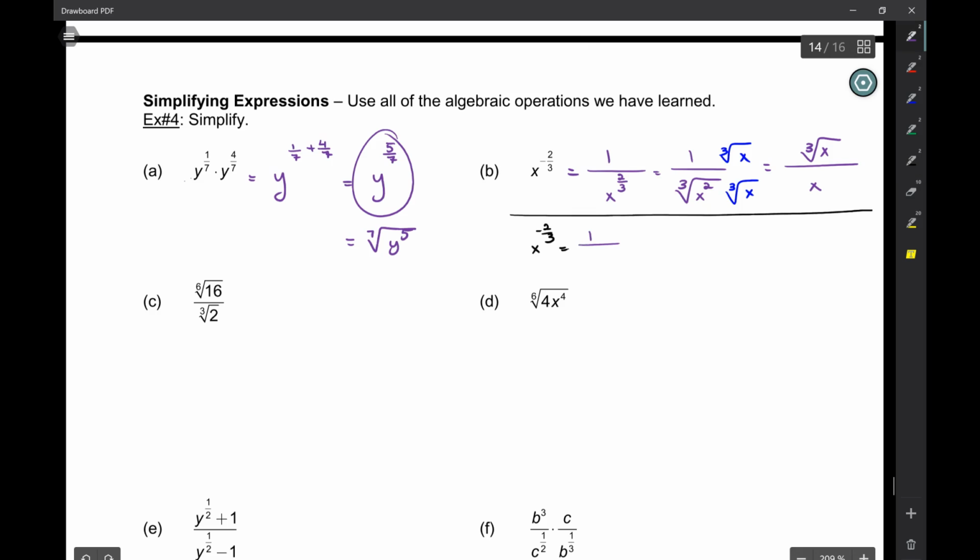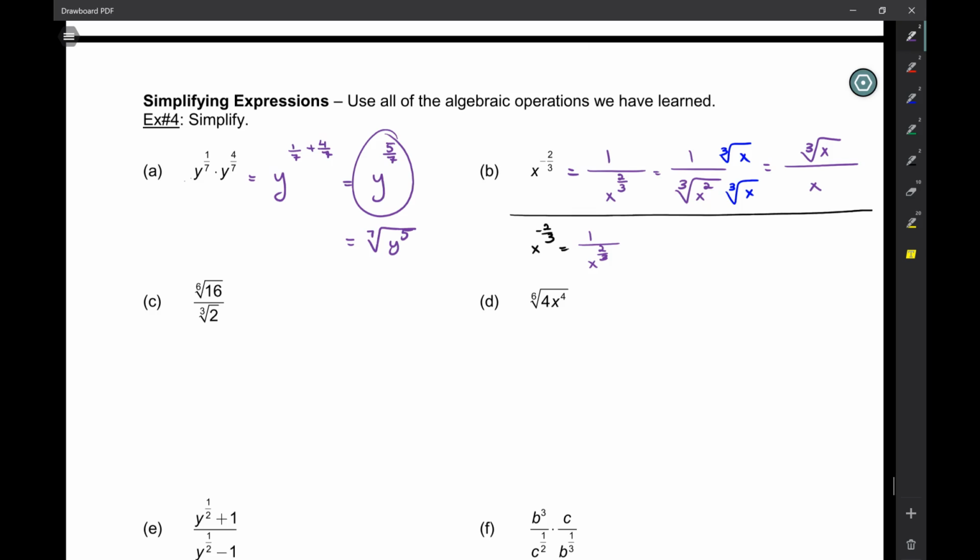So we said that this was 1 over x to the 2/3. You know this whole rationalizing bit? I said you can't have a fractional exponent in the denominator, right? Now, this is an x to the 2 over 3. I need to make that x to the 3 over 3.